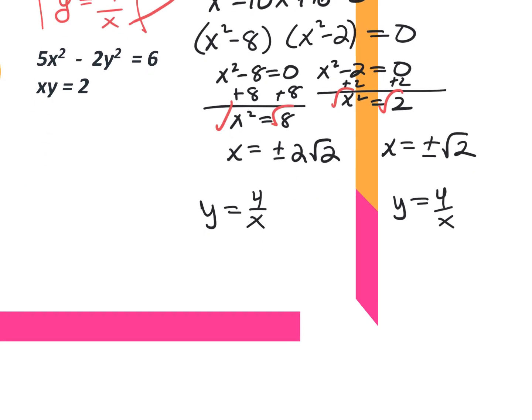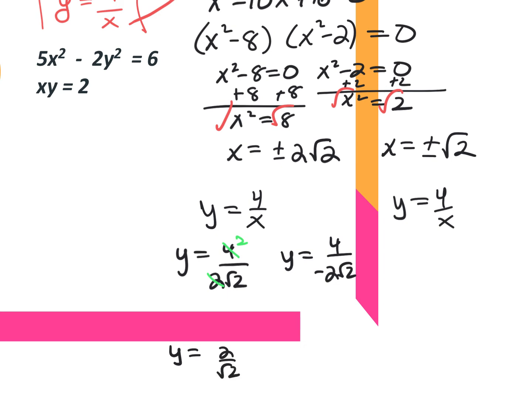So for this one, y equals 4 over 2 root 2 positive, and y equals 4 over 2 root 2 negative. This is going to simplify. So then now I have y equals 2 over root 2.